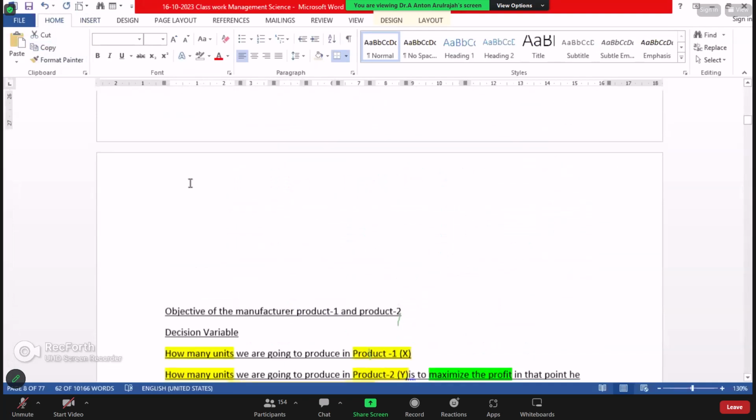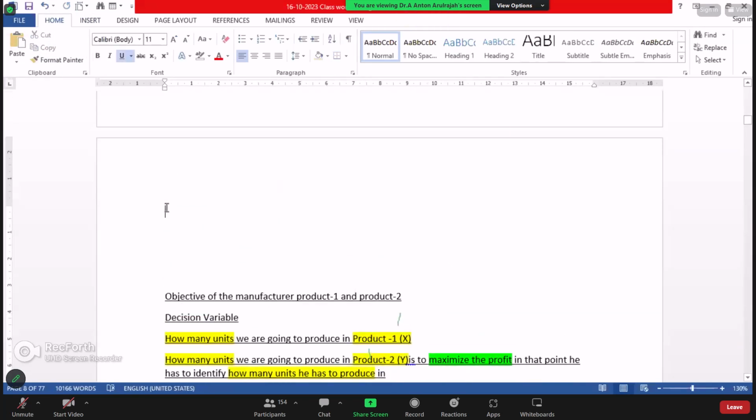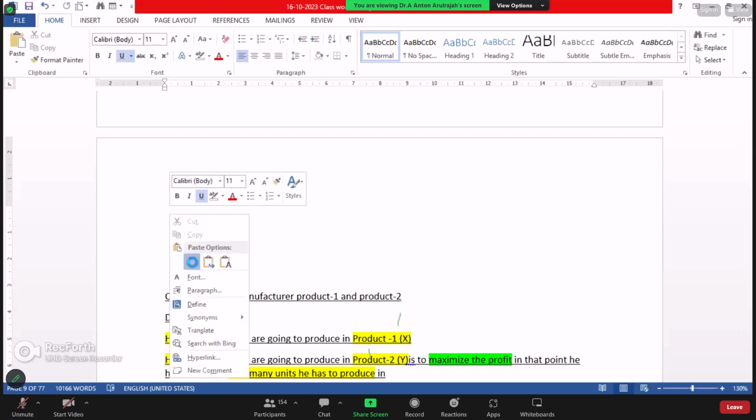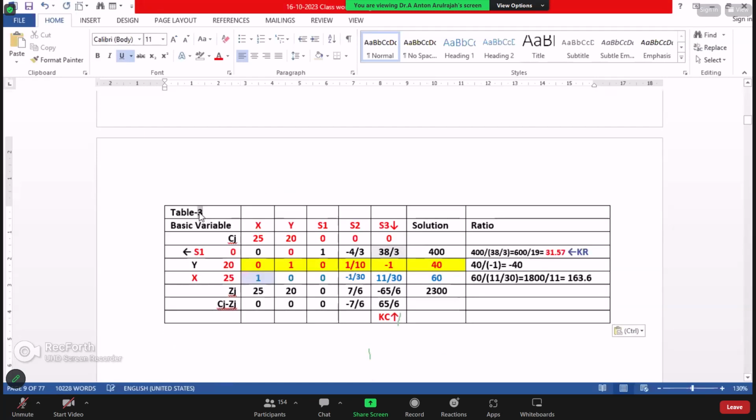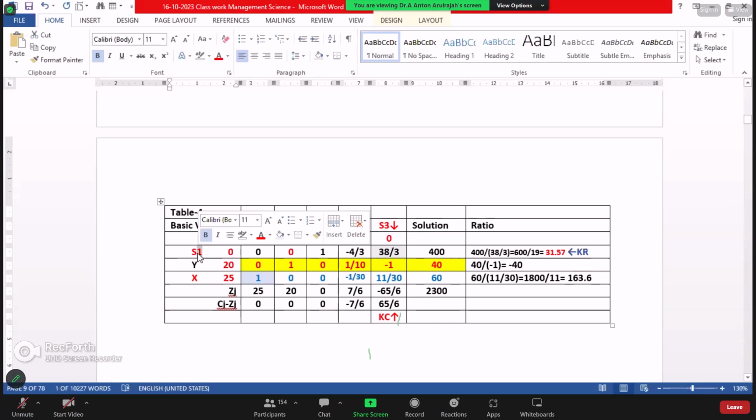We start the work on table number 4. In this place, S1 is leaving, so in that place S3 is entering. That's it. Right. S3 is entering.